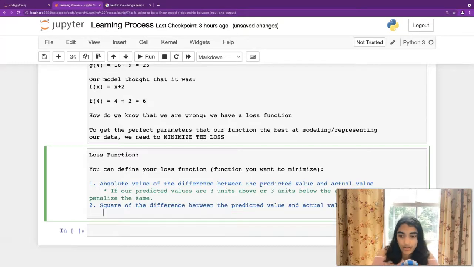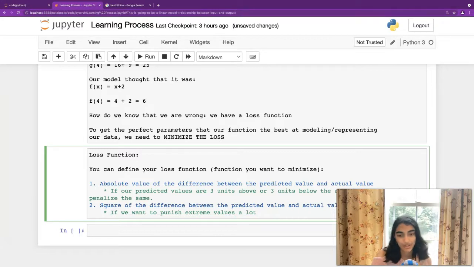Okay, so, yeah, and we can take the square of the difference, and we do this because we want to punish extreme values a lot. This tells the model that this loss is extremely high, so modify the parameters by a lot, and check and see what happens.